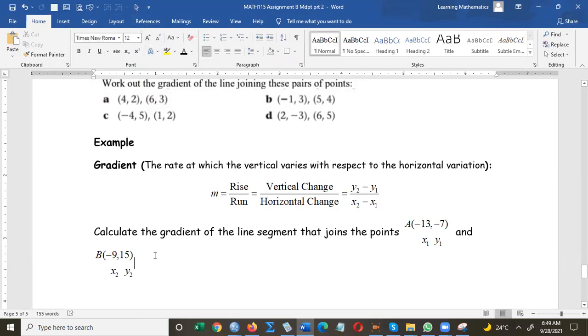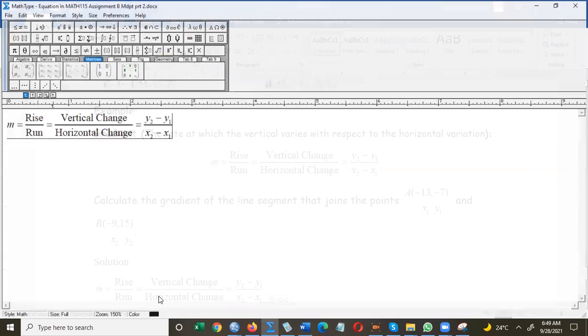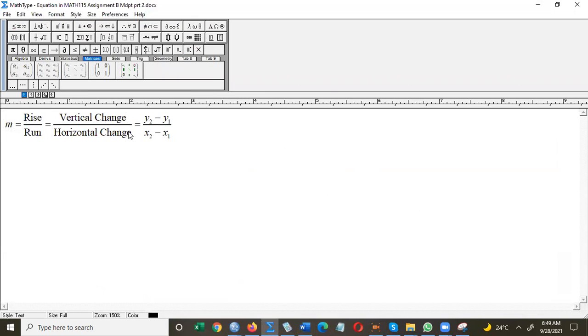Solution: substitute into the formula. We're doing all of this, right? Substitute into the formula one time. We have the coordinates labeled.